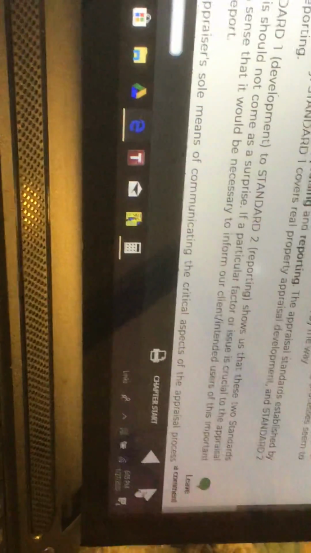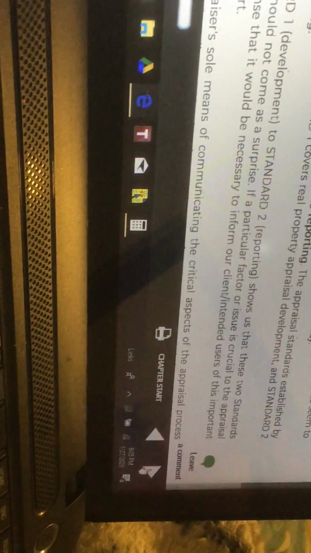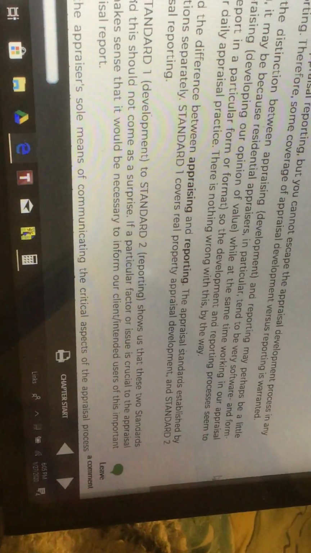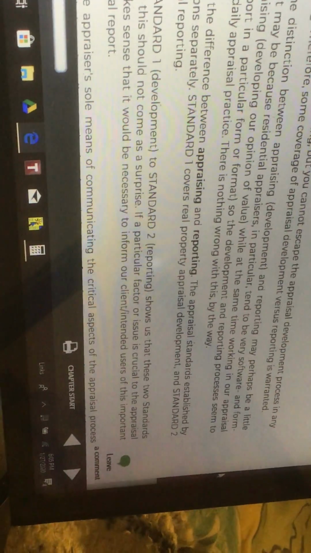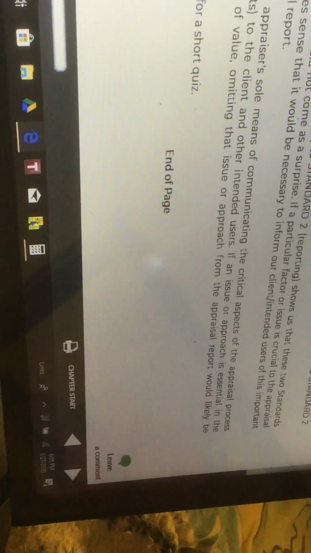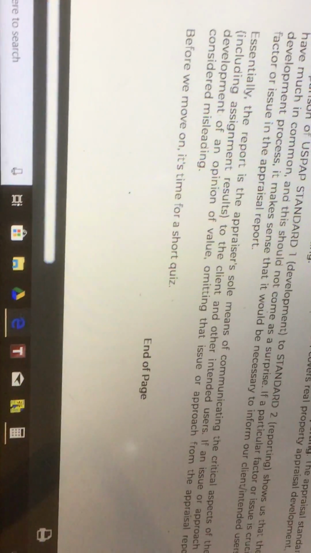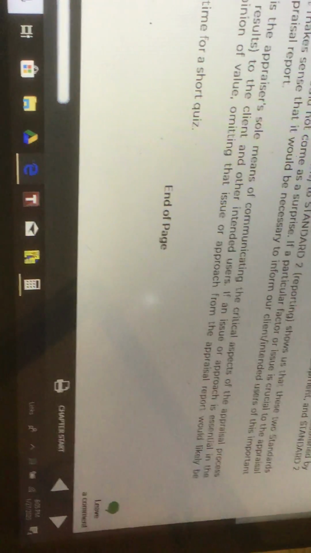Essentially, the report is the appraiser's sole means of communicating the critical aspects of the appraisal process, including assignment results, to the client and other intended users.